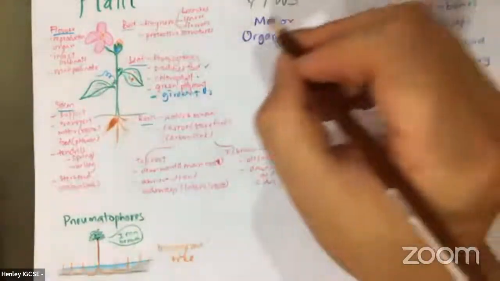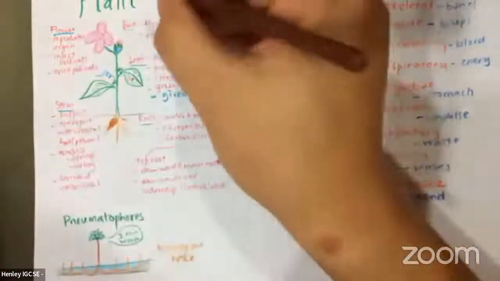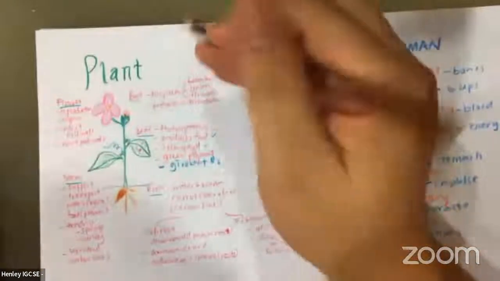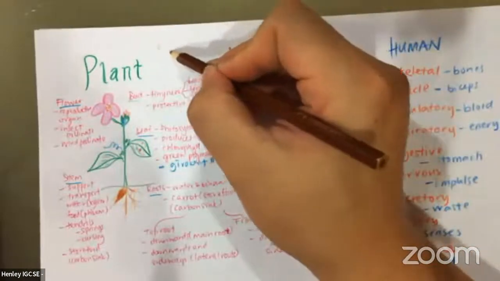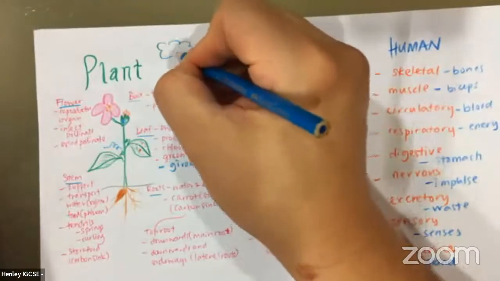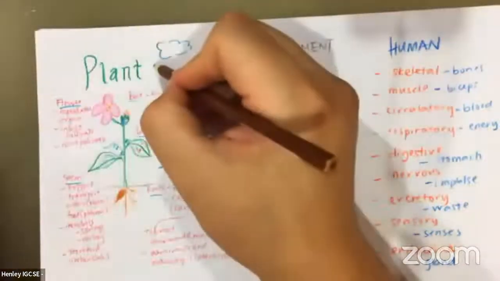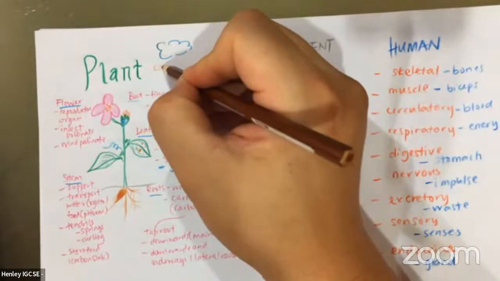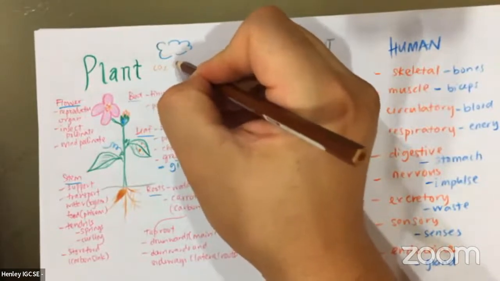So the carbon from the atmosphere, for example, this is the sky. Oh, sorry, the sky should be blue, right? This is the cloud, and this is the atmosphere. Then there is a lot of carbon dioxide here.